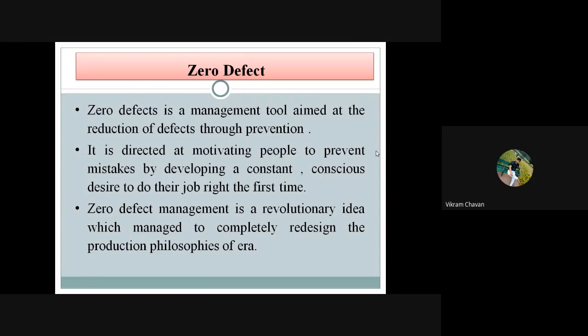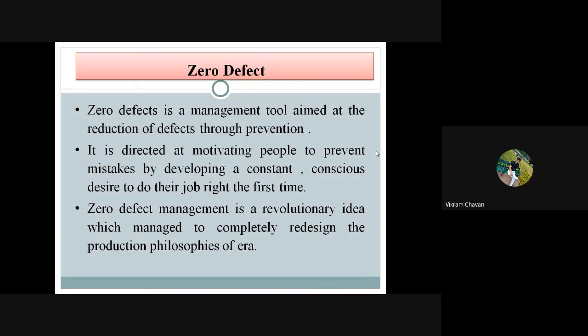Okay, so the next management tool, or we can say the quality tool, that we are going to discuss is zero defect. Okay, zero defect. The terminology is the same as the name suggests: zero defect. Management is striving to achieve this in the industries.